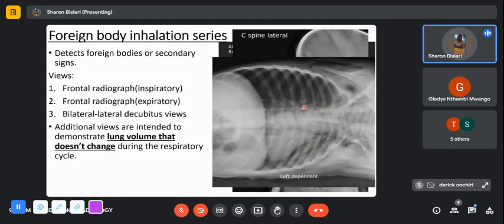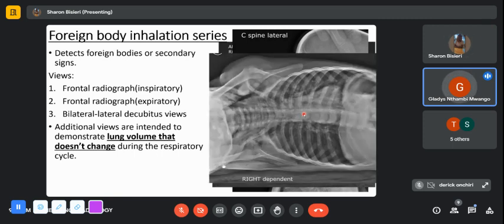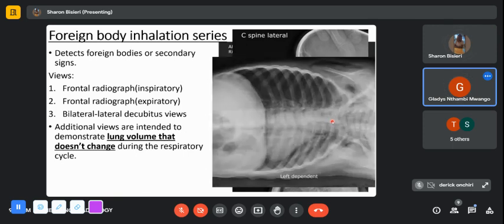If you turn your attention to the right heart border, you can see it's medial to the lateral aspect of the vertebral bodies. It's to the left. The thing is the volume of the right lung did not change. In the left dependent, it was much more clearly seen because the left lung was more contracted, had a low volume, so you can see the right lung remains expanded.